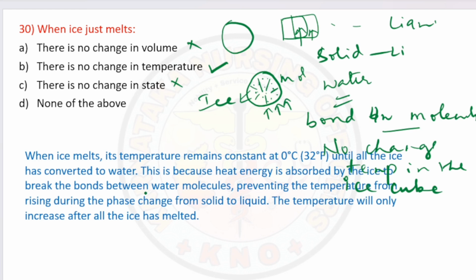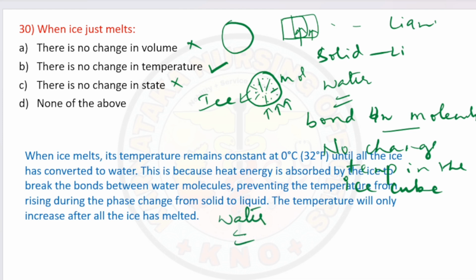So this heat energy is absorbed by the ice just to break up the bonds, and during this the temperature is not rising. The temperature remains constant and only the phase is changing, that is from solid to liquid. So the temperature will only increase after all the ice has melted to water.